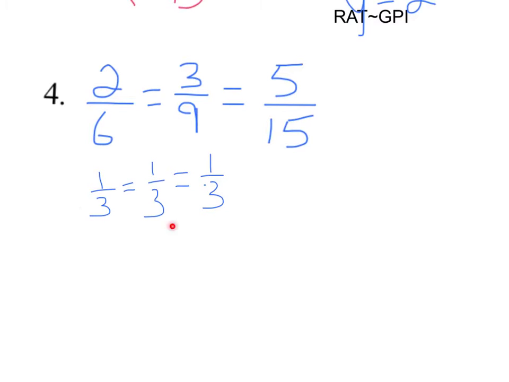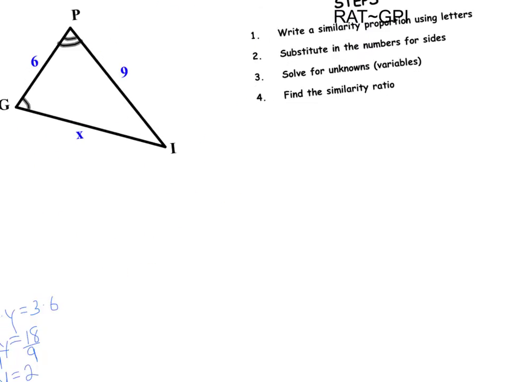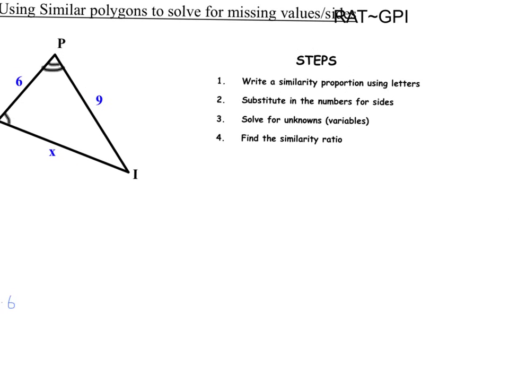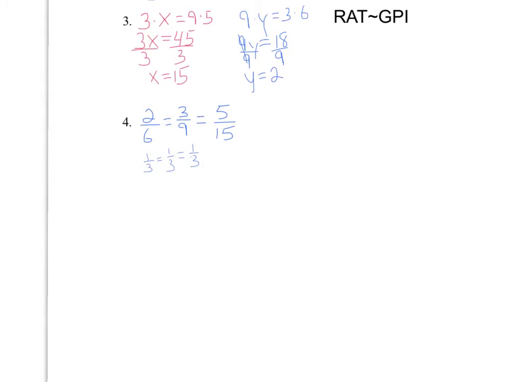Seeing as we have 3 ratios that are the same, our similarity statement in step 4 over here, step 4 says find the similarity ratio. We have then found our similarity ratio right here. Step 4, 1/3.